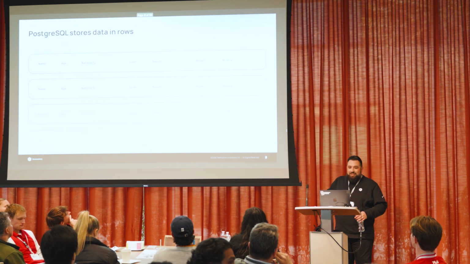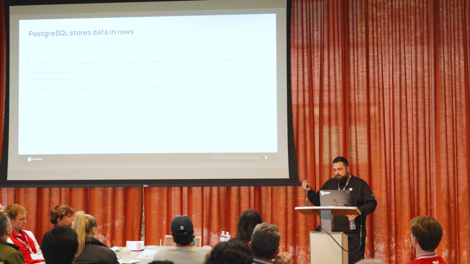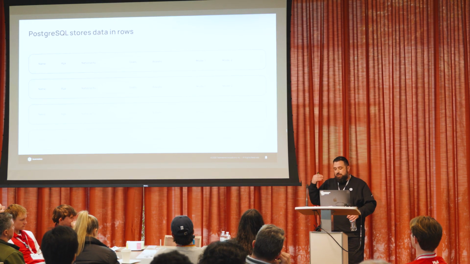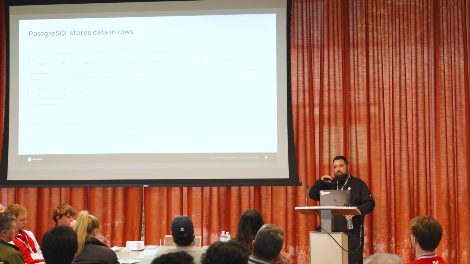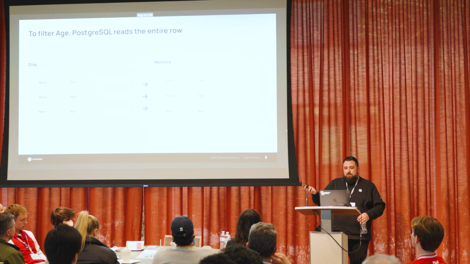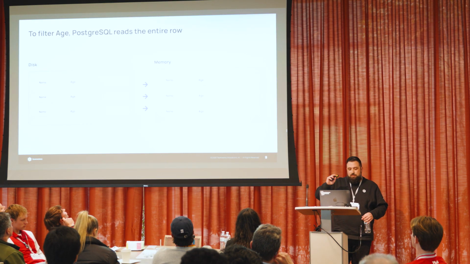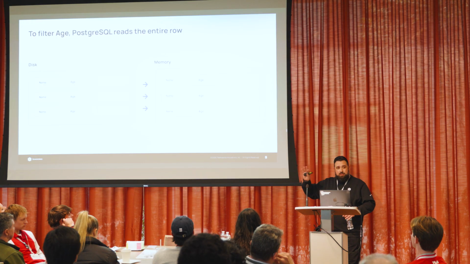Yeah. So the problem with that is that when Postgres looks at a table, it thinks of a table as chunks of rows, right? It's a collection of rows. That's how Postgres processes its data.